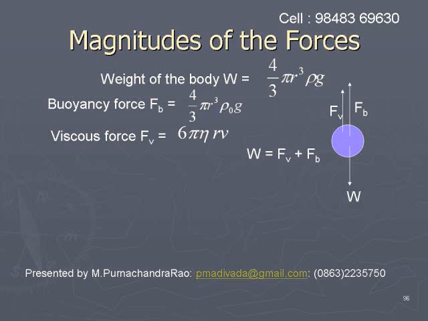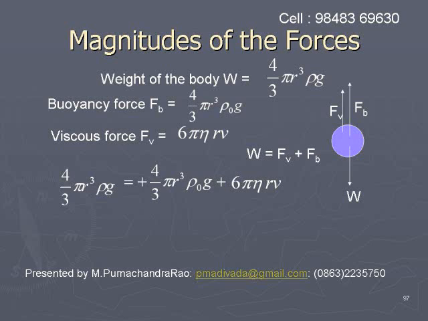We have derived the relation W is equal to Fv plus Fb. Substituting the values of W, Fv, Fb, we get 4 by 3 pi r cube rho g is equal to 6 pi eta r v plus 4 by 3 pi r cube rho 0 g.